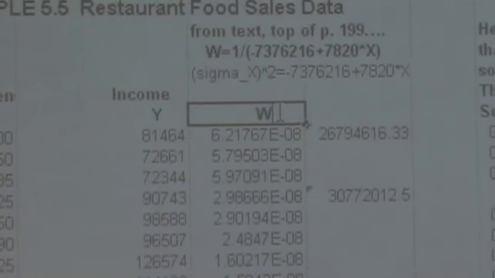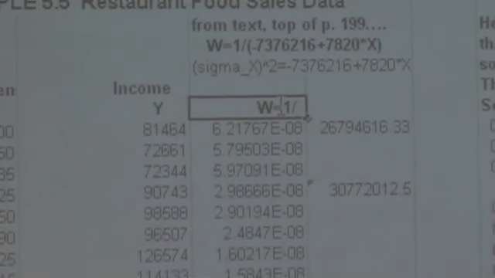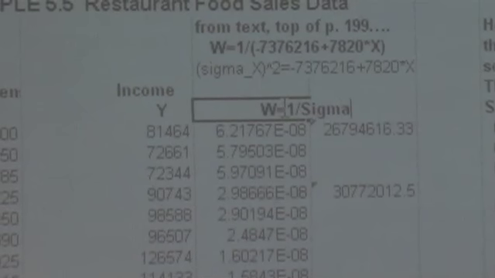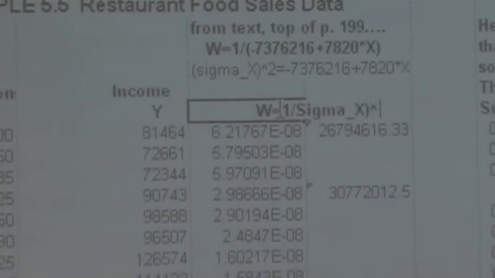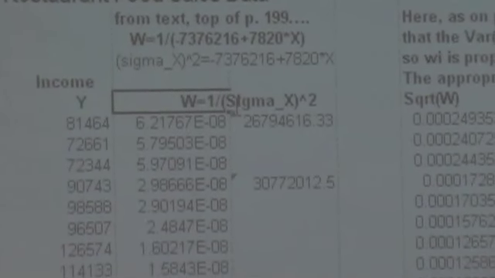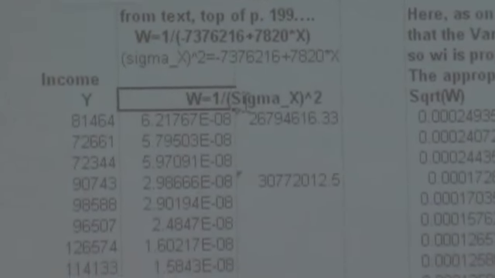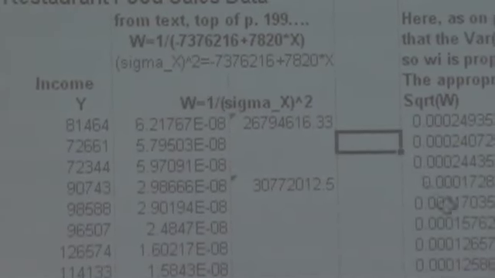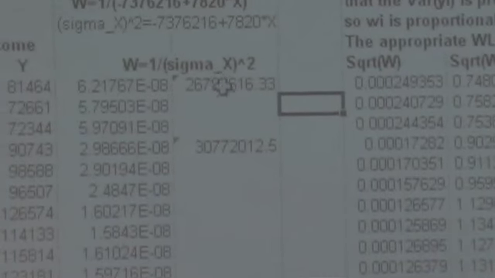I should put that W equals 1 over sigma of x squared. Capital sigma, lowercase sigma, whatever.